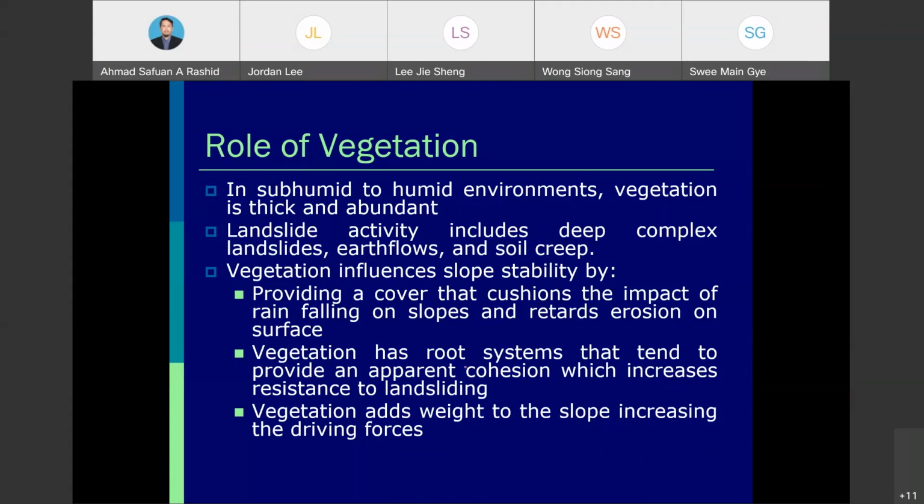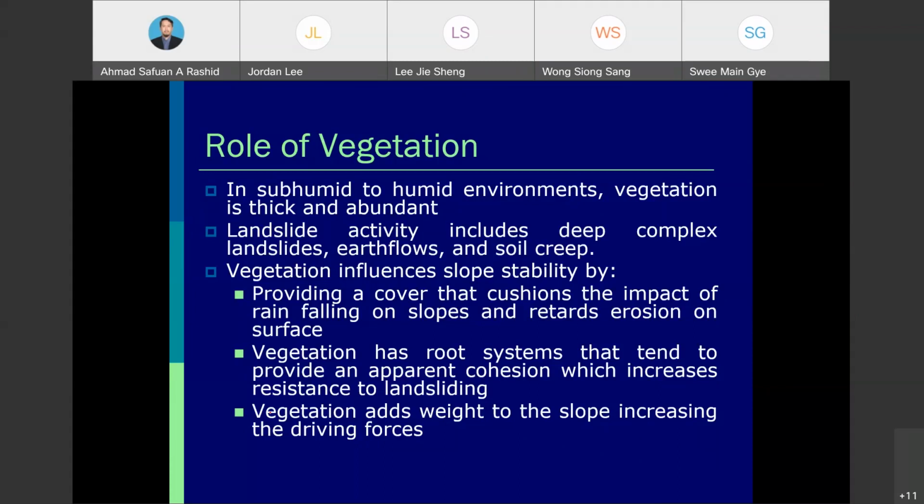Okay. So the first and second points are more related to the advantages of vegetation. However, the third point is more related to a disadvantage because it can increase the driving force.